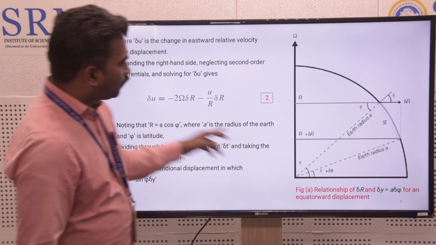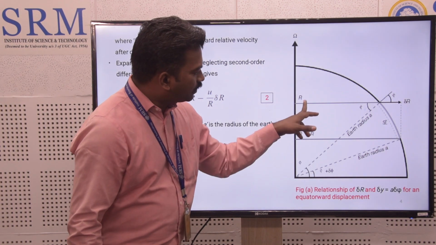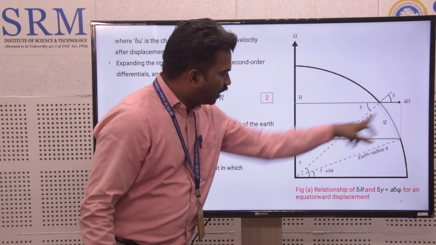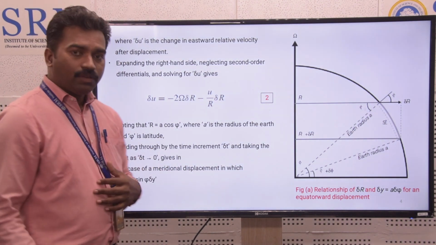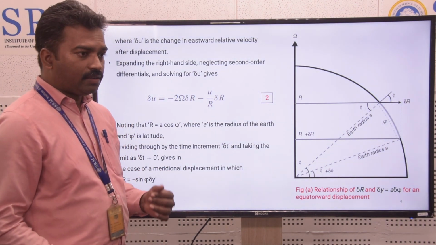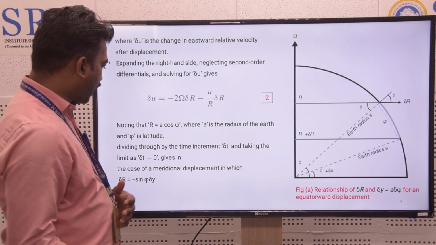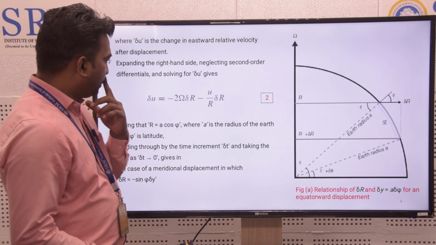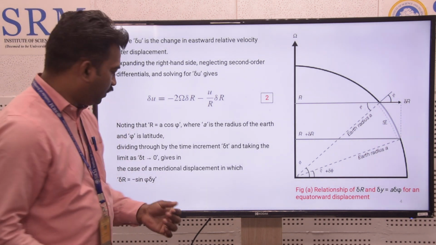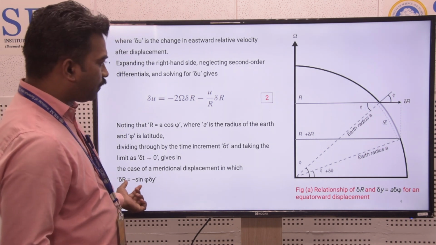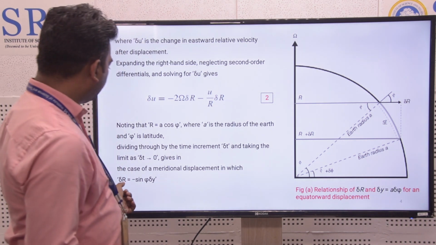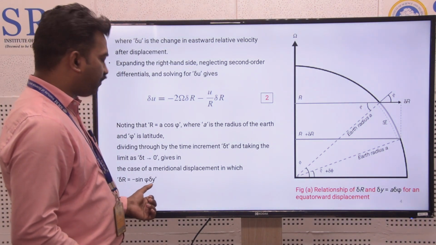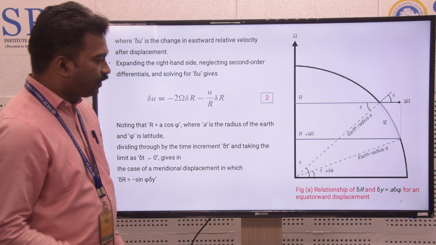Here from this diagram, from this triangle, we can write r is equal to a cos phi. Now when delta t tends to 0, we have to observe how delta u by delta t will be, and delta r from this diagram you can understand is equal to minus sine phi delta y.